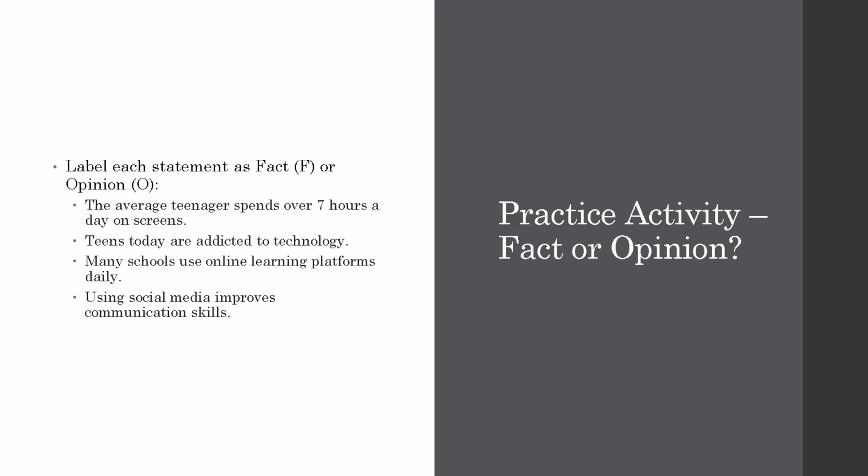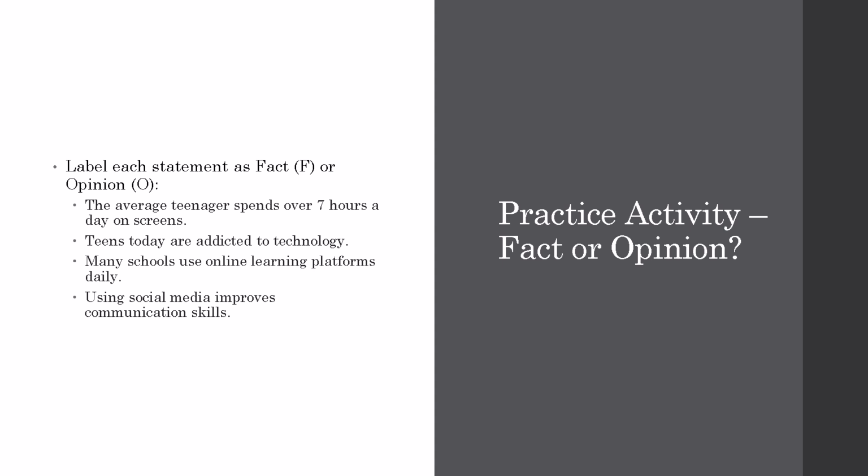Some statements are factual, they're measurable or provable, and others are going to express belief or judgment. Facts can be checked, opinions can't, but they're going to reveal the author's bias. So good researchers distinguish between the two before they draw conclusions. So on your paper, I want you to label each statement as either a fact or an opinion.